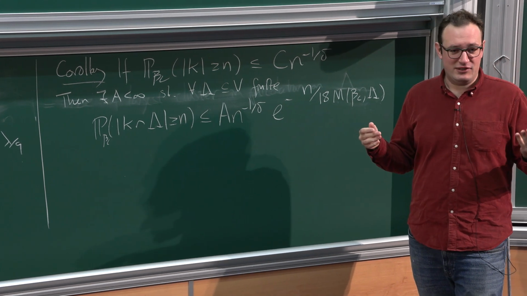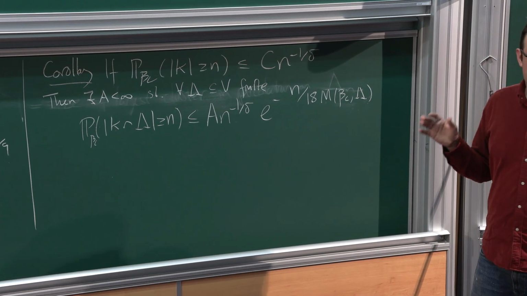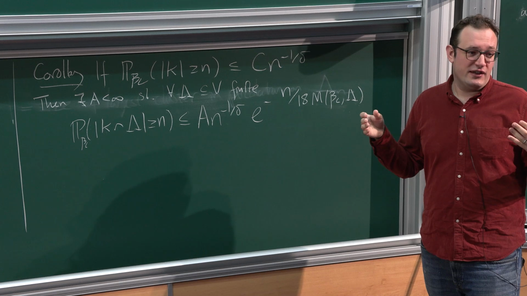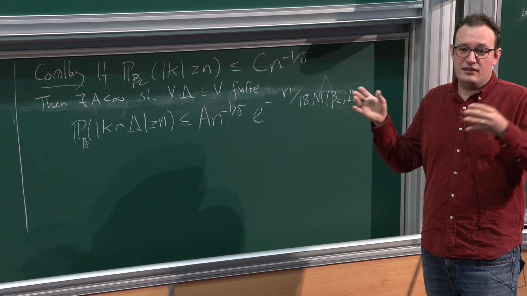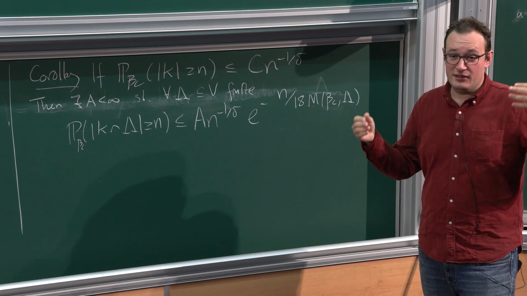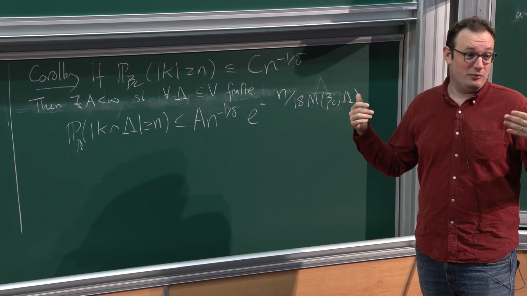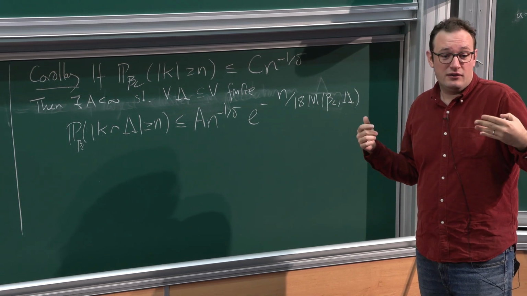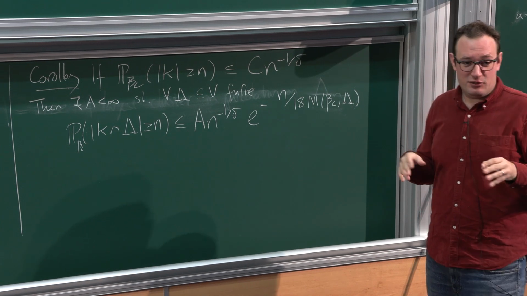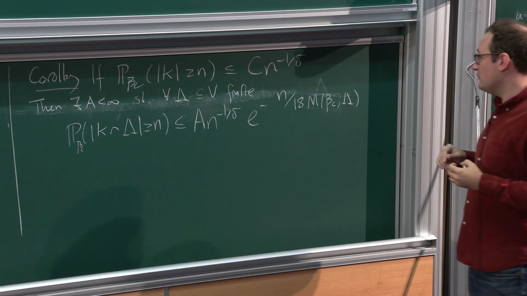I think the matching lower bound hasn't been shown, but the largest cluster should be larger than a typical large cluster by a log factor, basically, because there are polynomially many of these large clusters. Each one of them has something like a chi-squared distribution, probably. So the largest one gets lucky and will be larger by a log factor. There should be some extreme value statistics and so on.